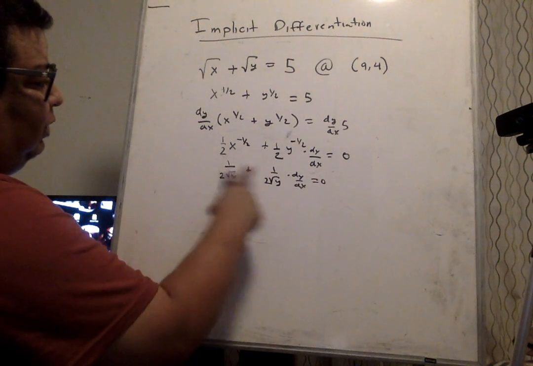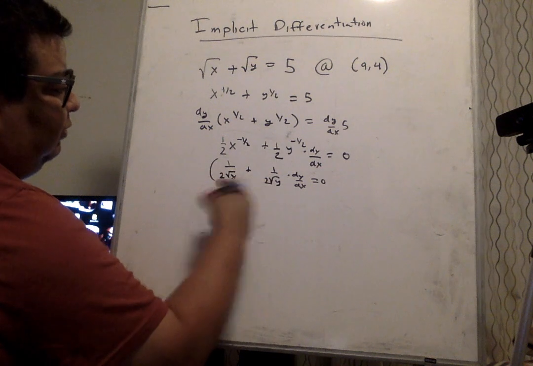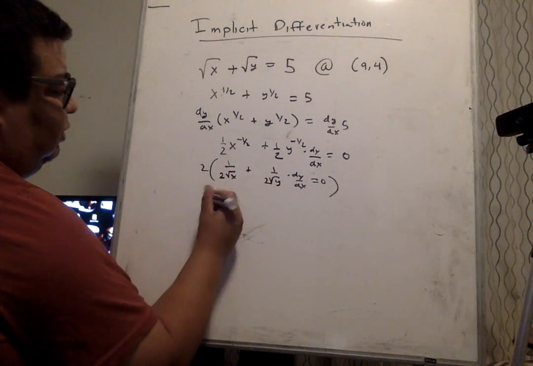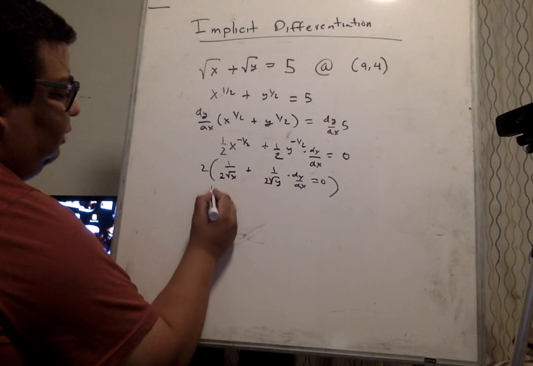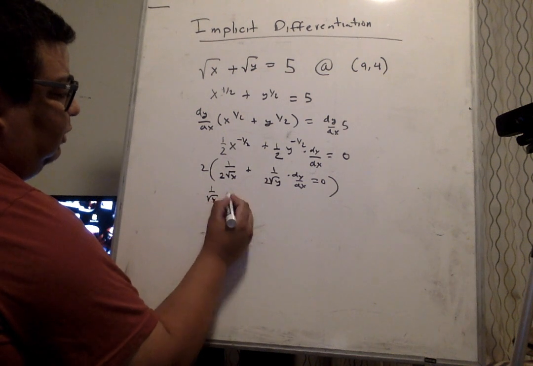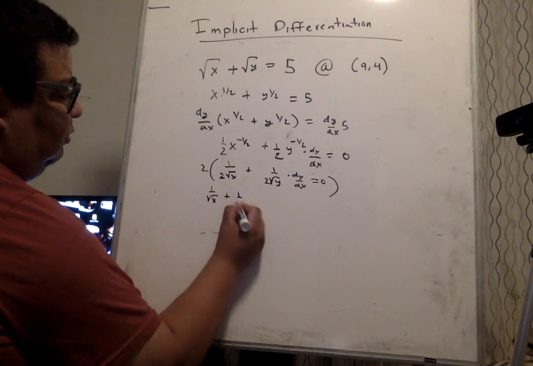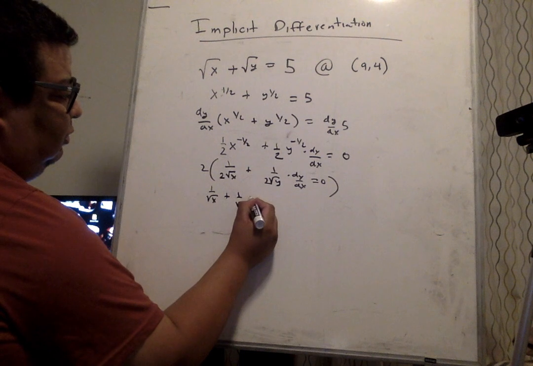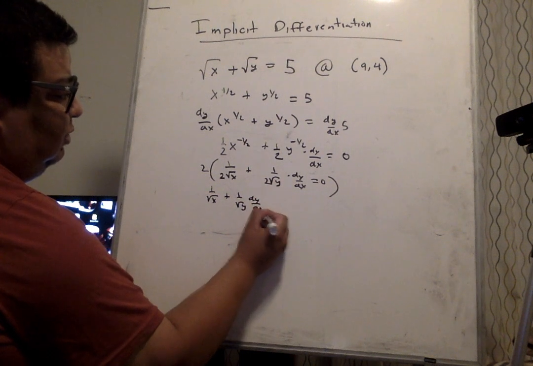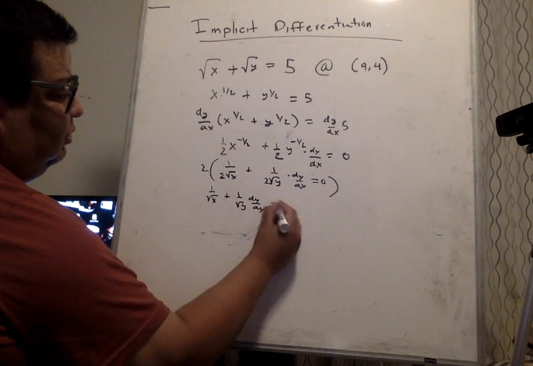I'm gonna multiply everything by 2, so I want to get rid of these 2s. So then we're left with 1 over square root of x plus 1 over square root of y times dy/dx. 2 times 0 is just 0.